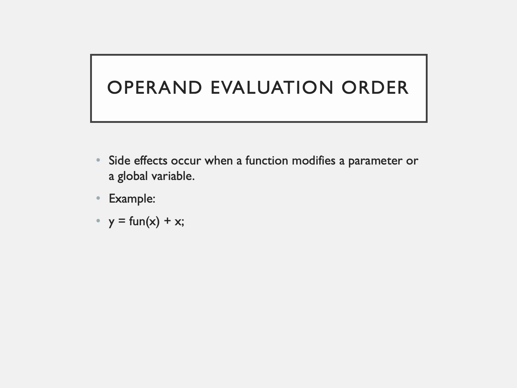So, what is a side effect? A side effect occurs when evaluating an expression does more than just return a value. It might modify a global variable, or it might change a parameter's value, or it can also alter program state in some way.